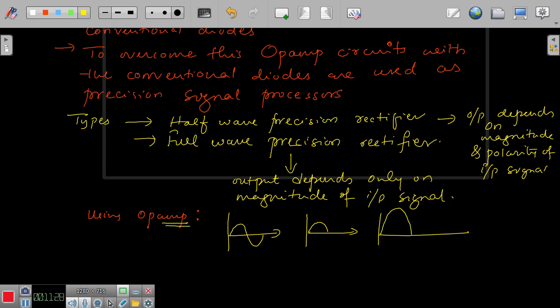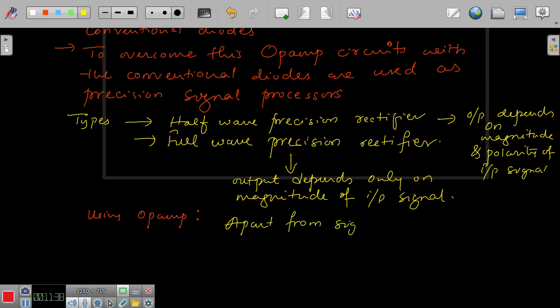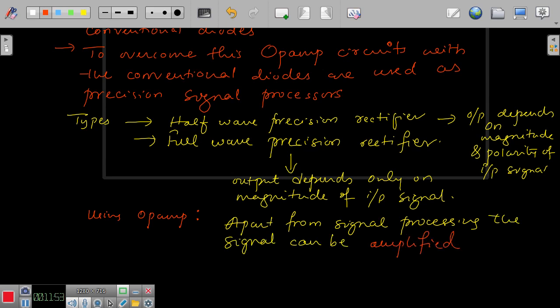So apart from signal processing, the signal can be amplified also.